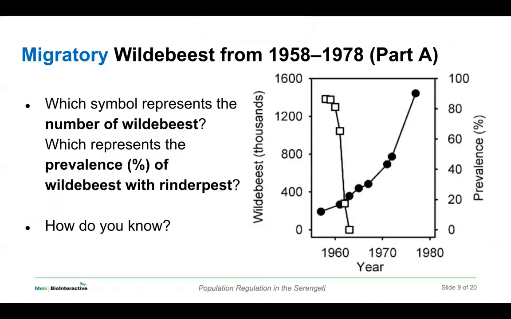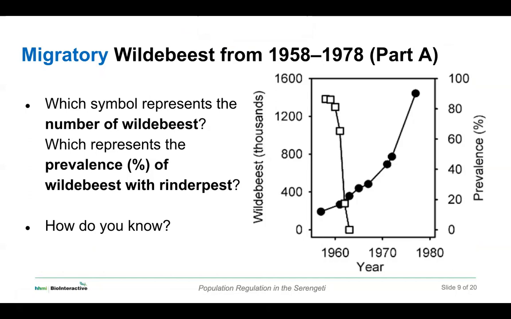And so these questions are also on the worksheet as you go to the 3rd page. So it says, which symbol represents the number of wildebeest and which symbol represents the prevalence or percentage of wildebeest with rinderpest? And how do you know? So what does the colored dark circle represent?